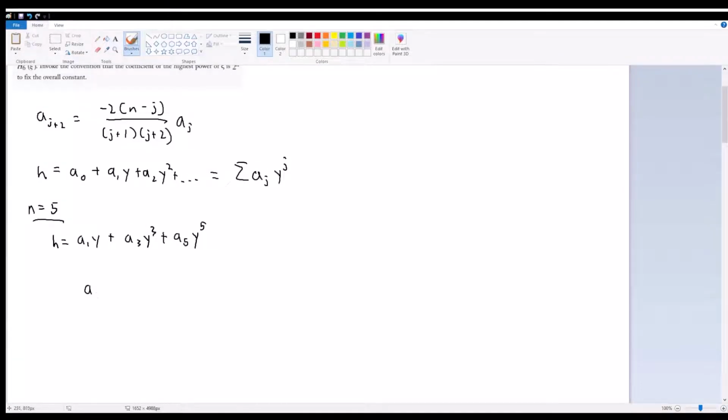So a of 1 plus 2 is going to equal negative 2 times (5 minus 1) over (1 plus 1) times (1 plus 2) multiplied by a1. So this is going to give us negative 2 times 4 over 2 times 3 a1, which is negative 4/3 a1.